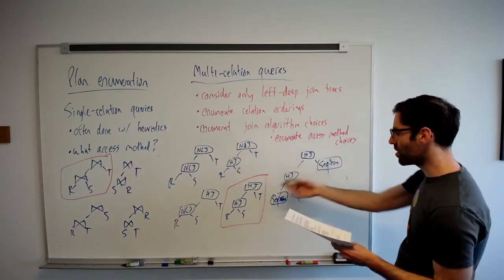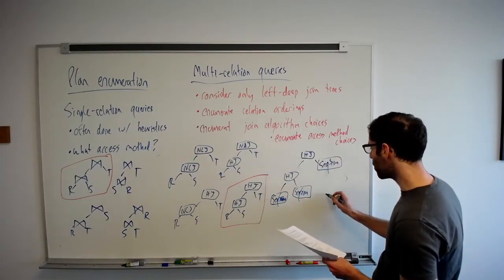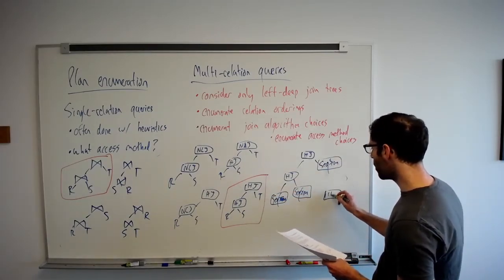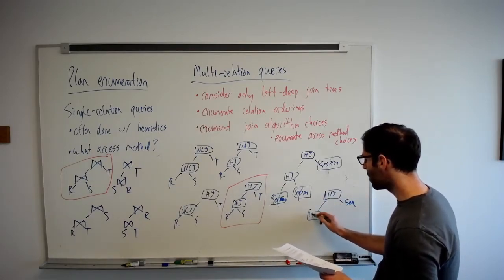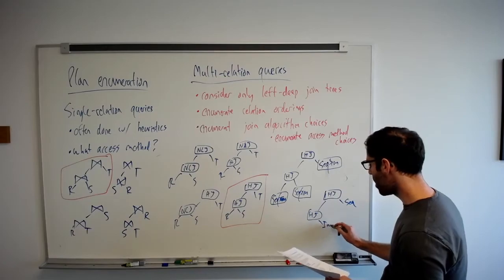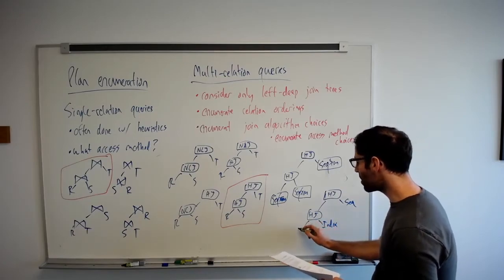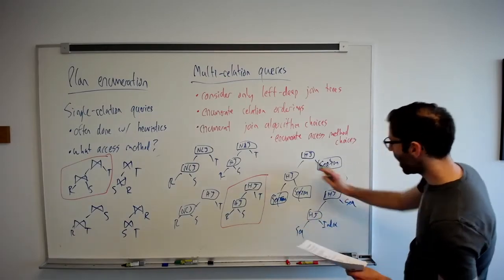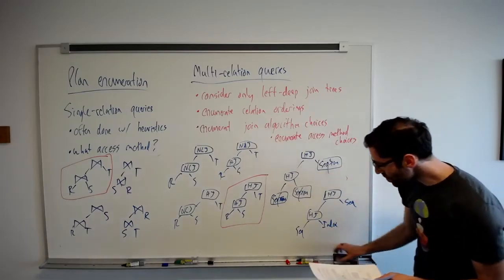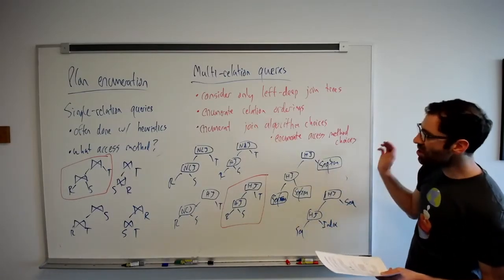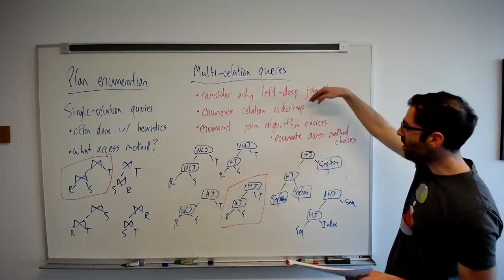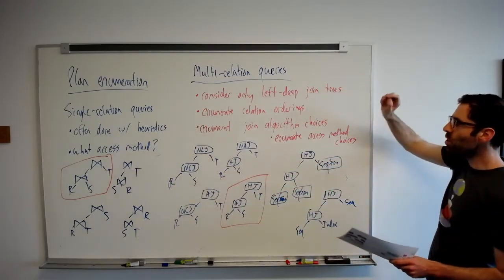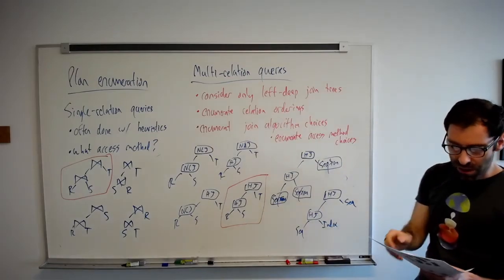Alternatively, maybe there's an index that we could use on S. So another plan we consider is index on S and still sequential scans for R and T. And so what we get is this huge number of possible plans where we've enumerated different relation orderings, different join algorithm choices, different access method choices.